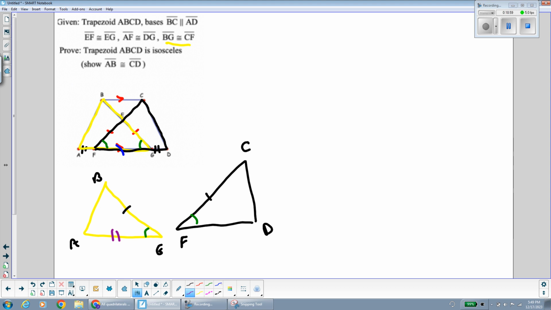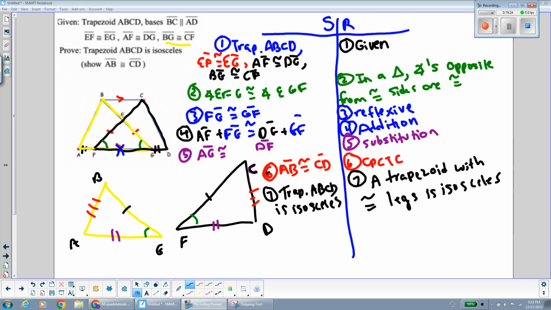And if I take DG and I add on GF, the same segment, I will get the full side of this triangle, DF, which is what I need to prove the triangles congruent. Then I'll have proved the triangles congruent by side angle side. And then it's just one more step to CPCTC the legs AB and CD that I need to prove the trapezoid is isosceles. I'm going to pause the video and write this proof up.